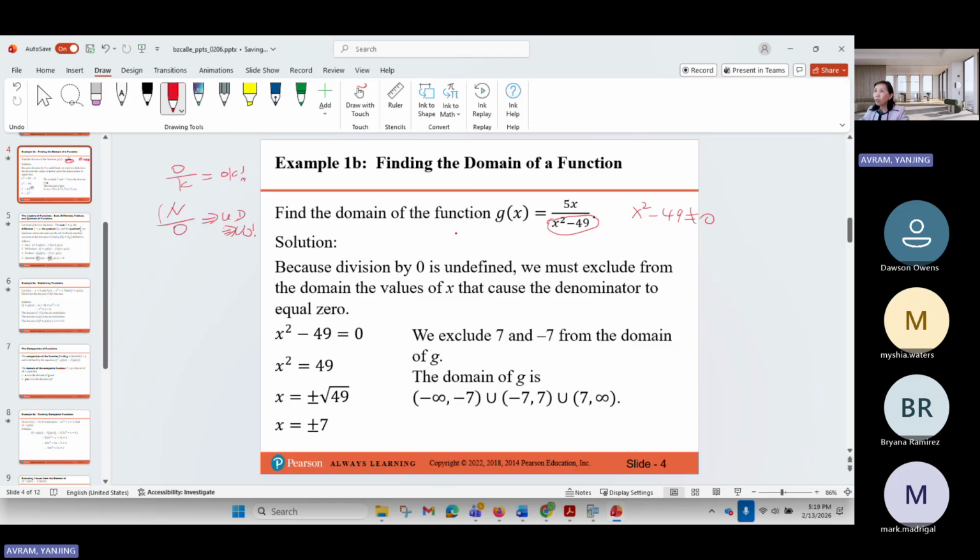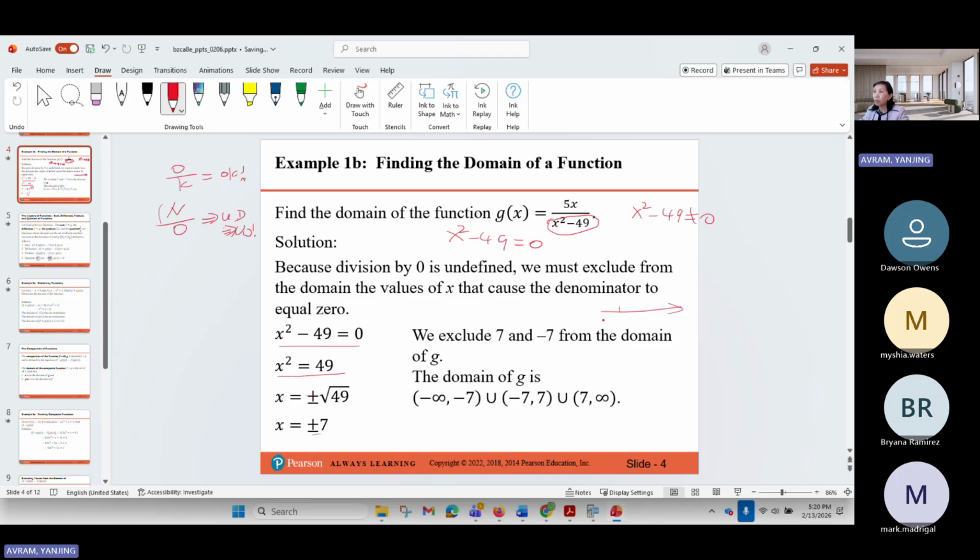Okay. And we usually set this denominator equal to 0, solve for x, and then get rid of those x values. All right, so if you solve this one, you add 49 on both sides and take the square root, right? So you have x equals plus or minus 7. So that means when x equals positive or negative 7, the denominator will be 0.